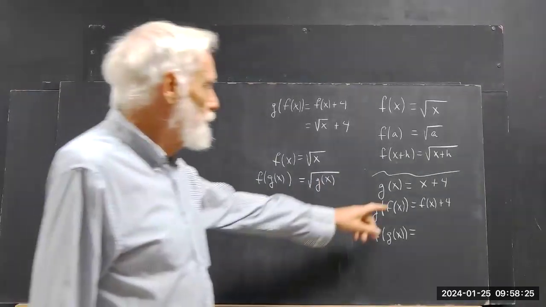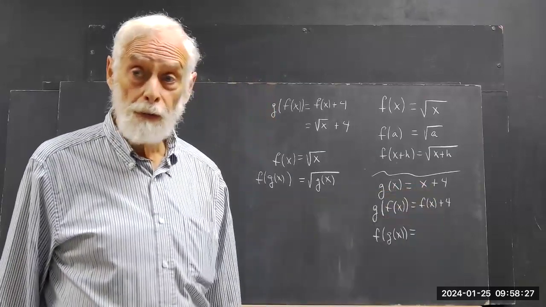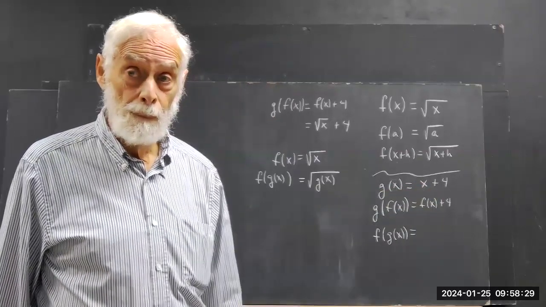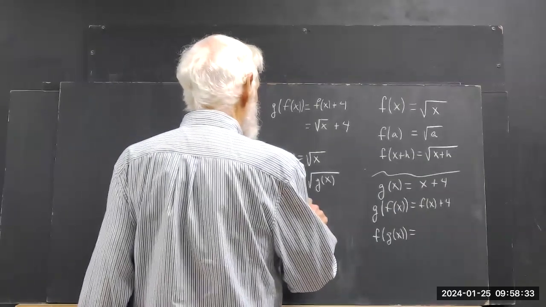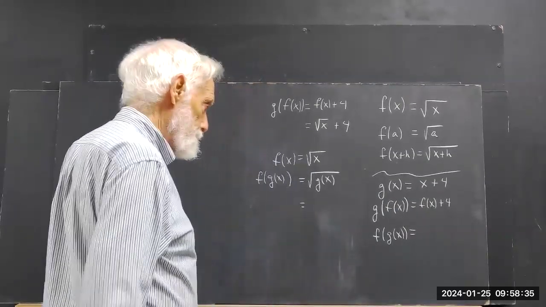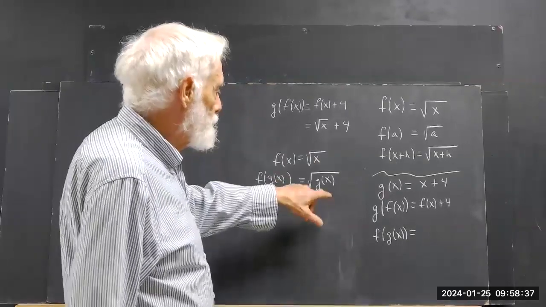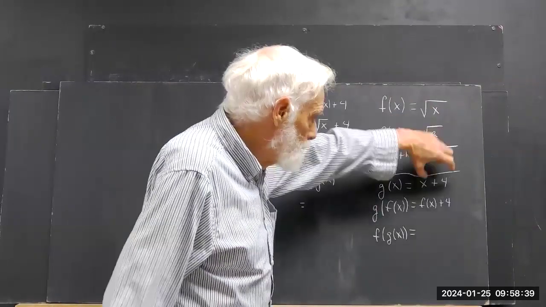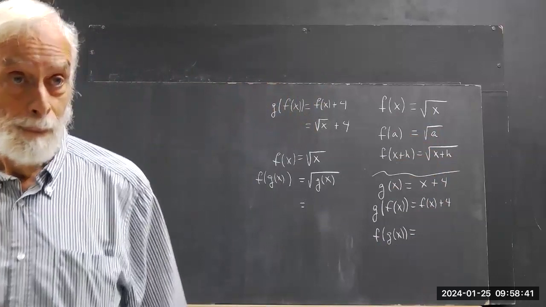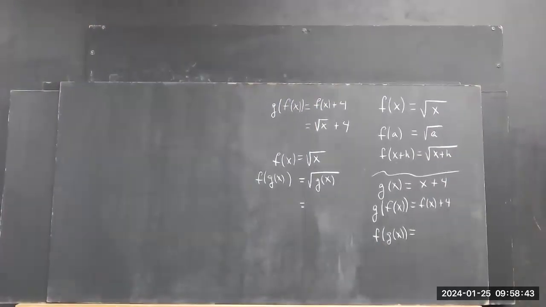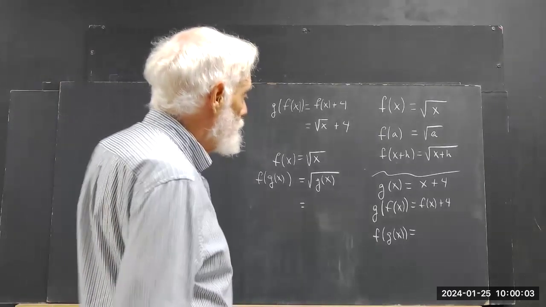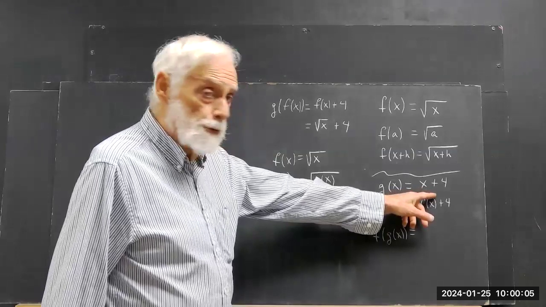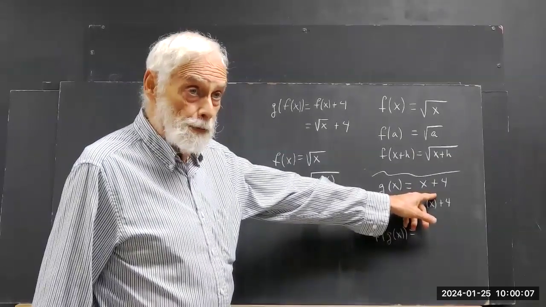Now, of course, we've got an expression for g of x, haven't we? So we're going to write equals this, but we're going to replace g of x by what g of x is equal to. So what do you get? Write it out. Okay, now the definition of g of x is g of x equals x plus 4.